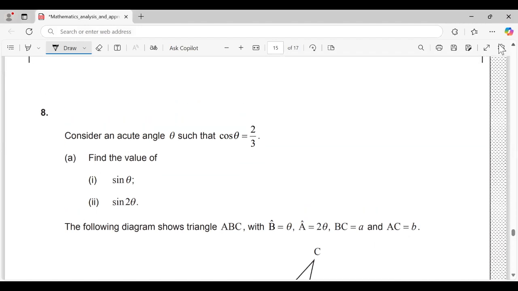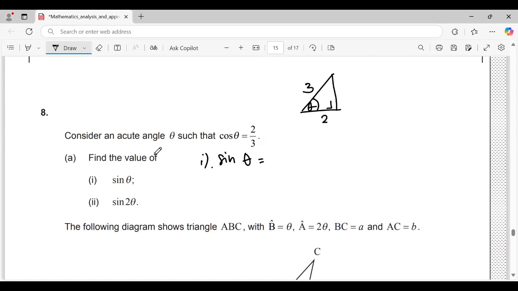If cosine theta is 2/3, it means there is a right angle triangle with angle theta, and cosine theta is 2/3.